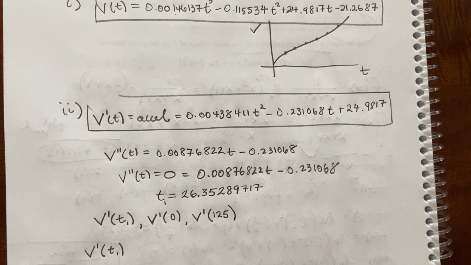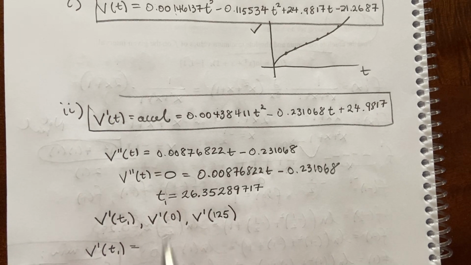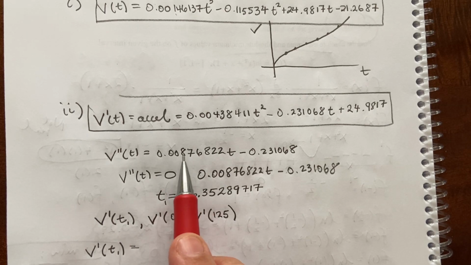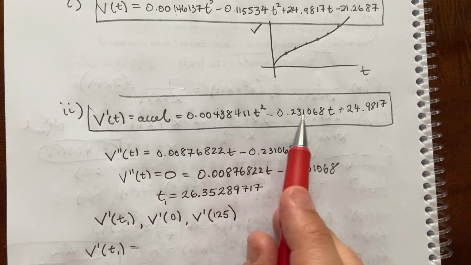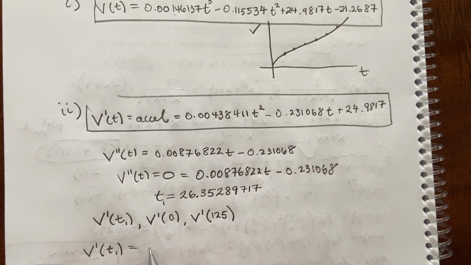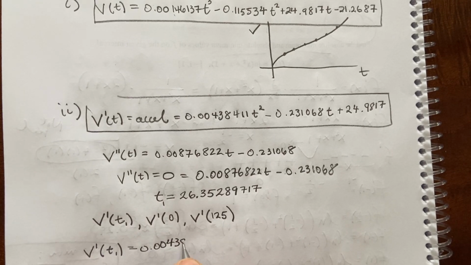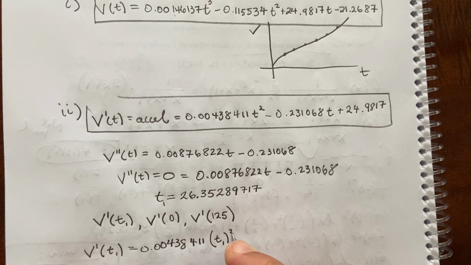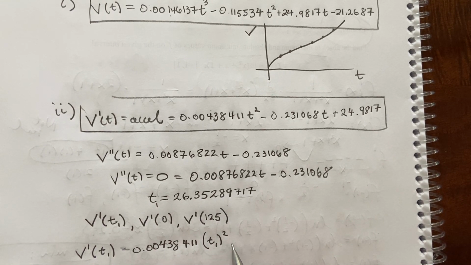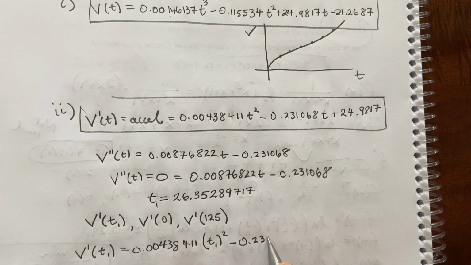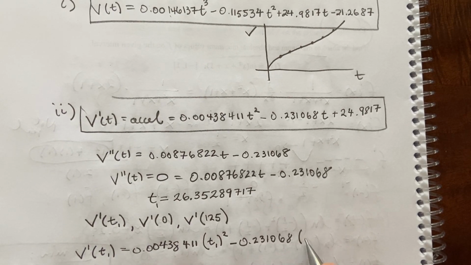So plugging that in here, it'll be 0.00438411 evaluated at t1, and then squaring, right? This number that I just don't want to write a bunch of times. And then I'll have minus 0.231068 times t1.